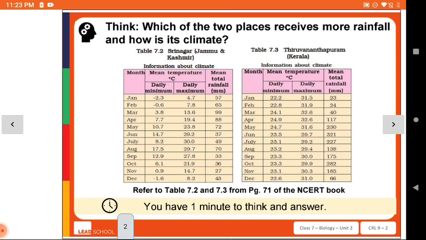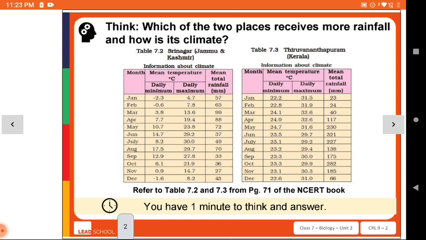The first is the daily minimum temperature for Srinagar in Jammu and Kashmir, and the second table is Tripura and Kerala. So there is an overall 1-year record of daily minimum temperature, maximum temperature and rainfall.